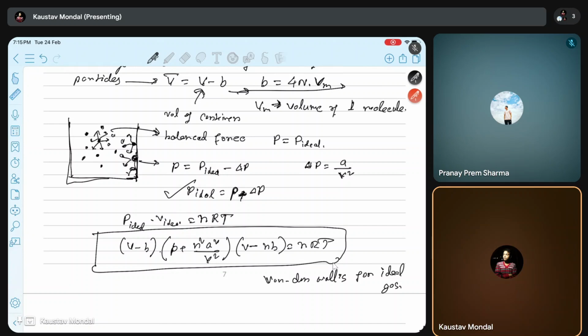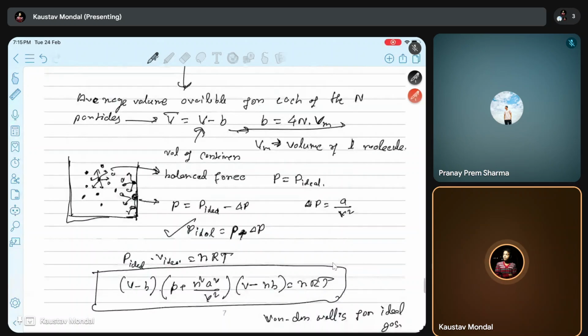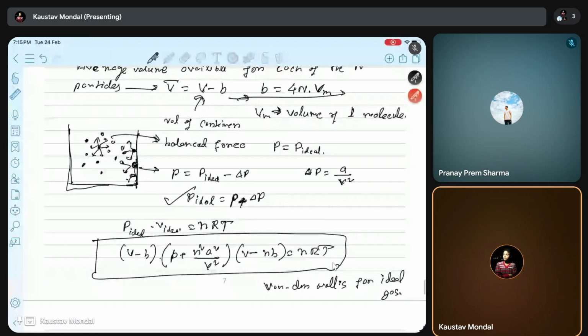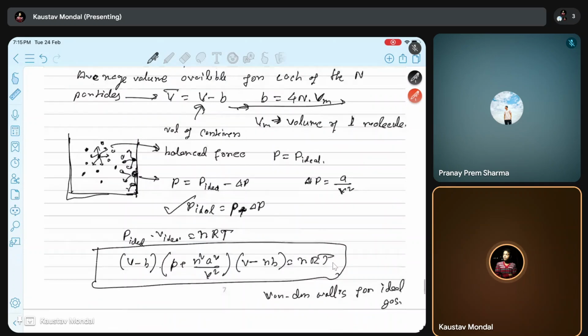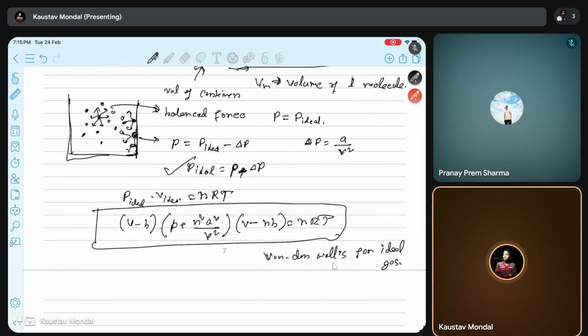Also, one thing I forgot to mention is that this b is known as the co-volume. There is an important relation between b and the critical volume, given by b equals Vc by 3.